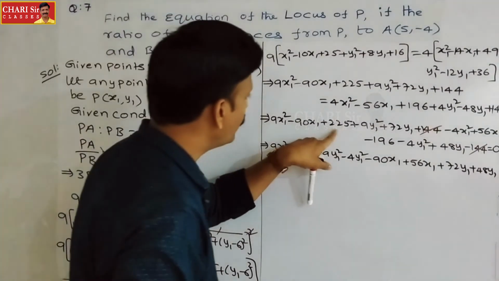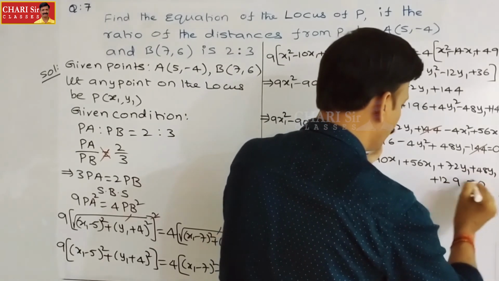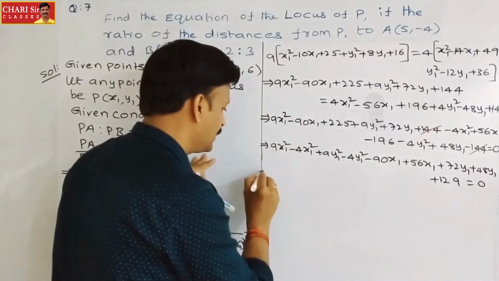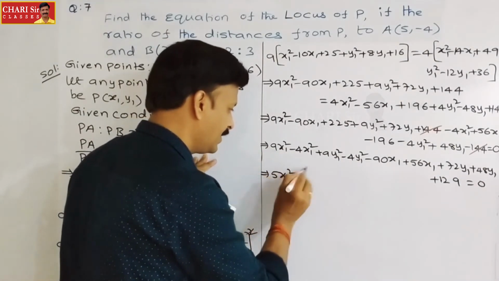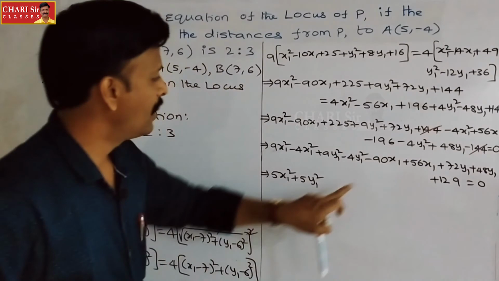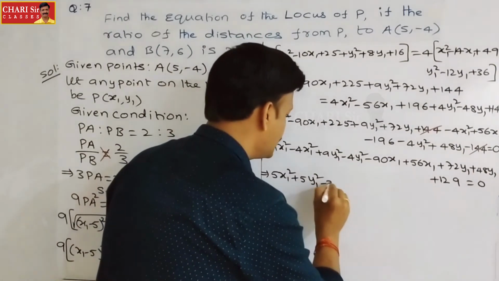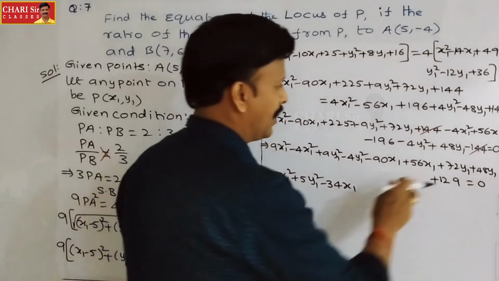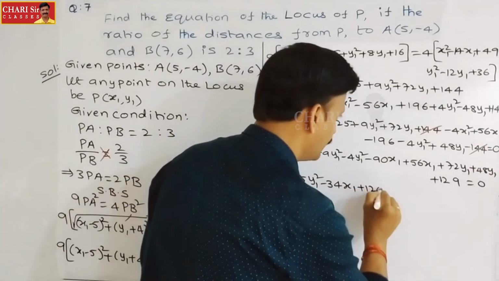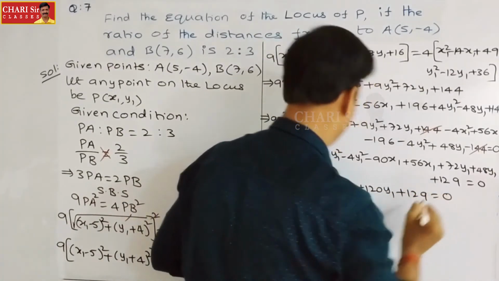Now 225 minus 196, that is plus 29 is equal to 0. So now we can simplify. 9x1 square minus 4x1 square is 5x1 square. 9y1 square minus 4y1 square is 5y1 square, and minus 90x1 plus 56x1, so 90 minus 56, minus 34x1. 72y1 plus 48y1, that is 120y1, and plus 29 equal to 0.